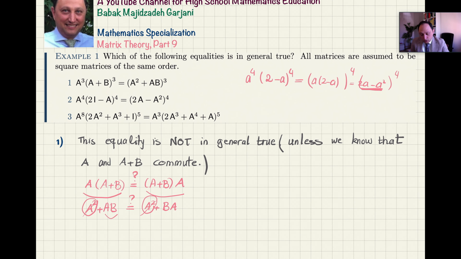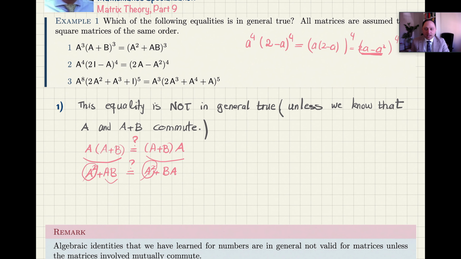Okay? You shouldn't be in a hurry and jump to the conclusion that because A commutes with I, it commutes with the combination. You need to check it, okay? And when you check it, accidentally it turns out to be true.